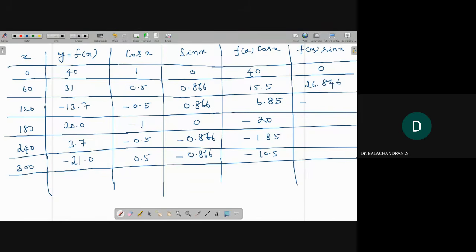So next minus 11.864, 0, minus 3.204, and then 18.186. So I need a sum of the second column and this column, that is the fifth one and sixth one. So this value, have we got the value?